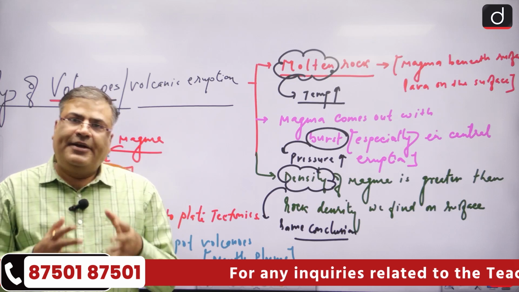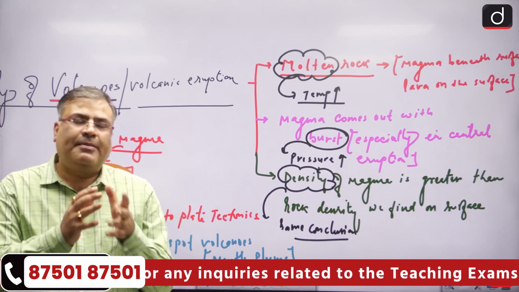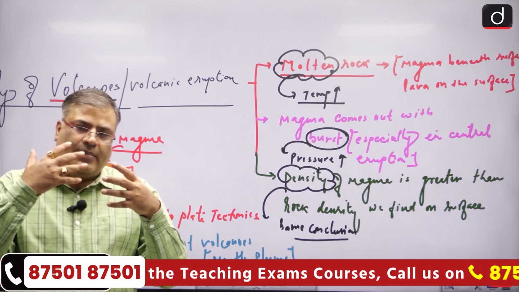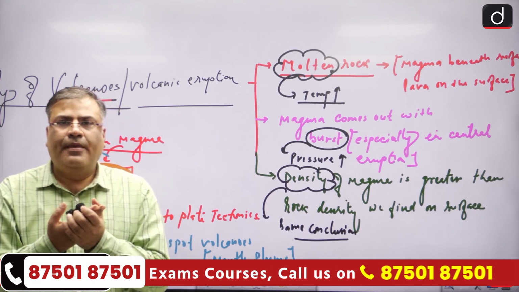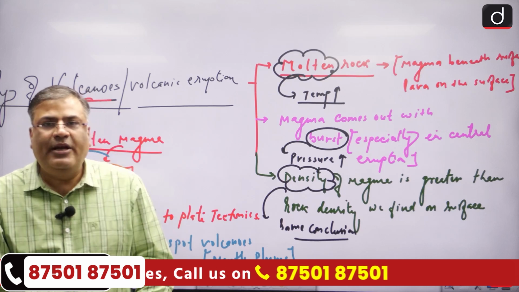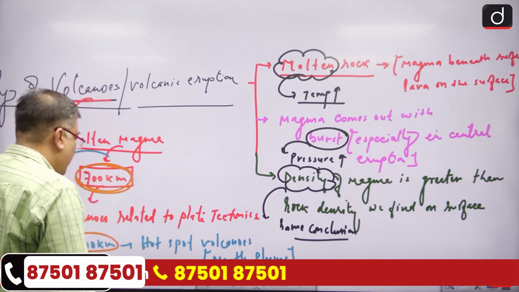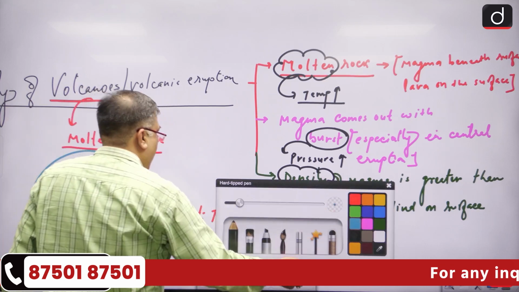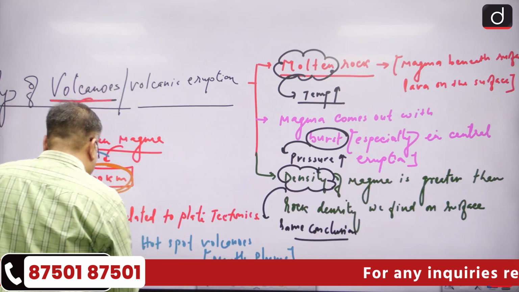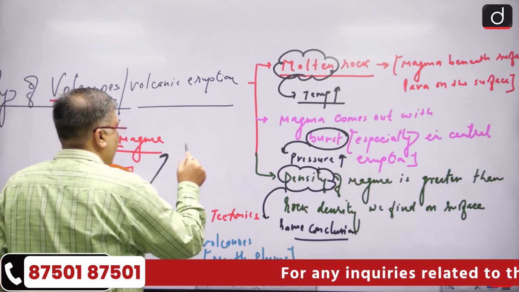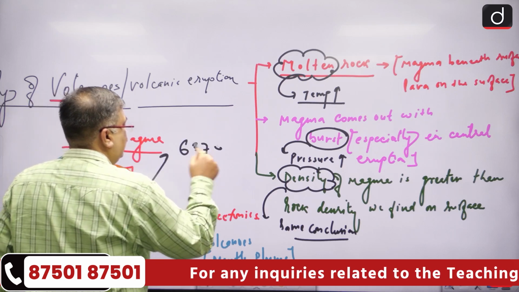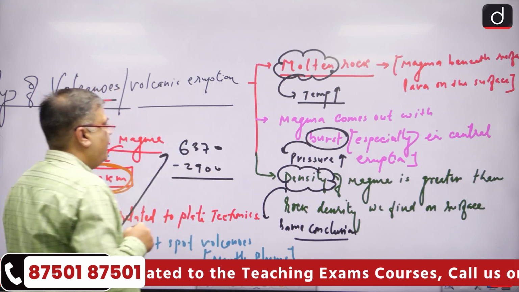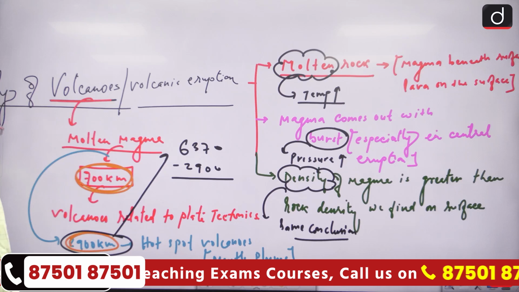So this way, it gives us very good, very substantial information, and it must be appreciated. But at the same time, the limitation is that the depth is only 2900 kilometer at the max. And if the depth is only up to 2900 kilometer, then there is still a gap: 6370 minus 2900 kilometers, almost.